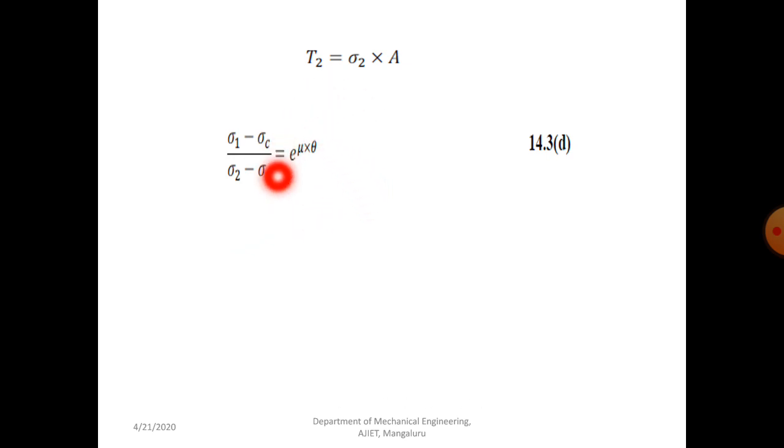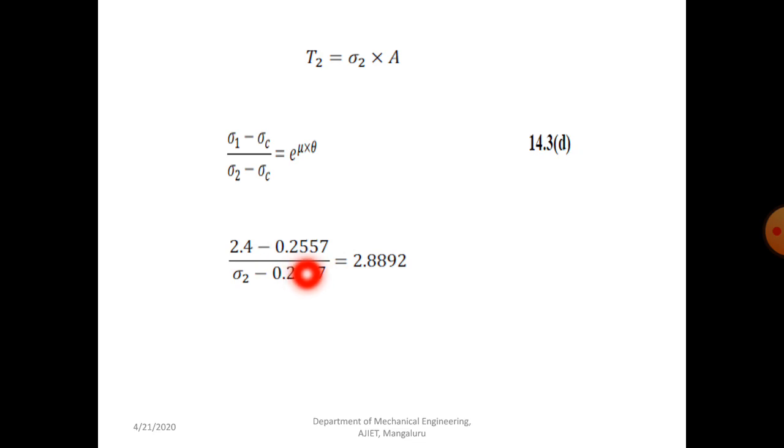Here e to the power mu theta we have to use for the smaller pulley, because the coefficient of friction is the same and the capacity of the belt is governed by the smaller pulley. So we have to find the sigma 2 value, but the sigma 1 value is 2.4 minus sigma c.